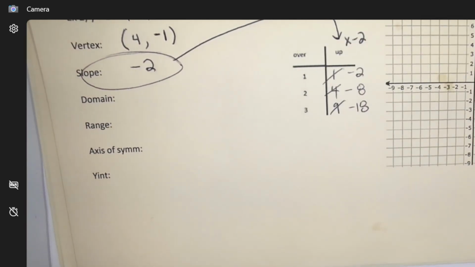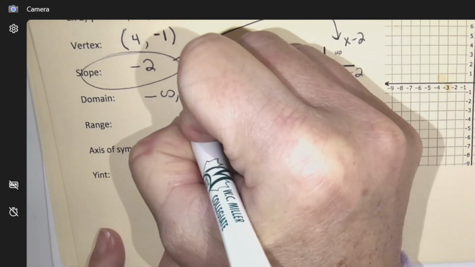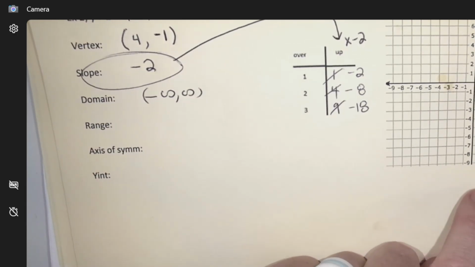Okay, domain. This one should start to get easy. What's always the domain? Left and right? -infinity to infinity. Range. A little bit different than last time because it's flipped, so it's going to change here. The lowest, so we're going down.